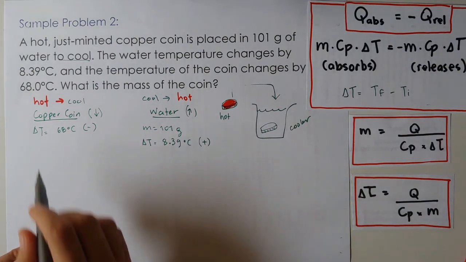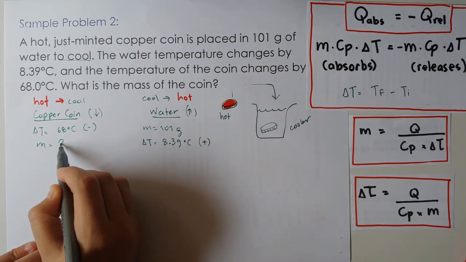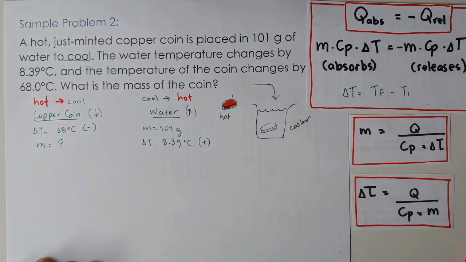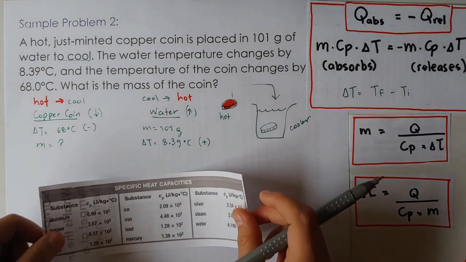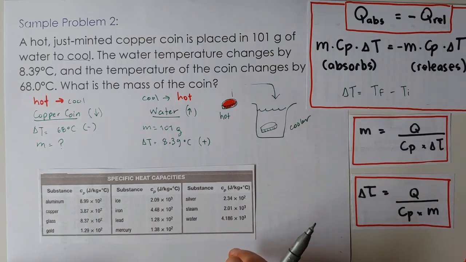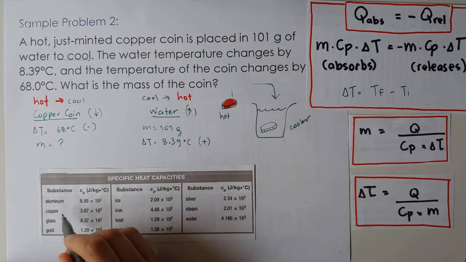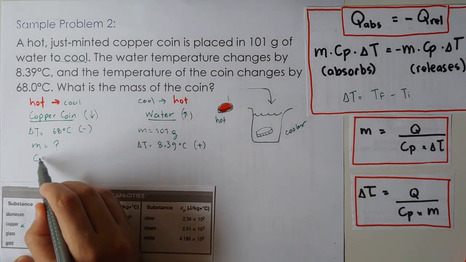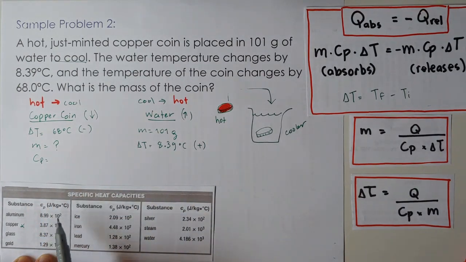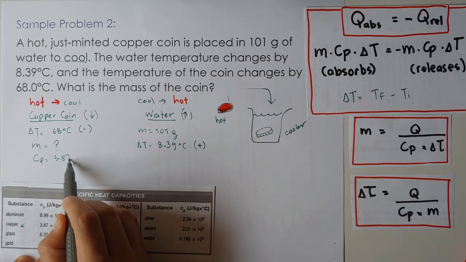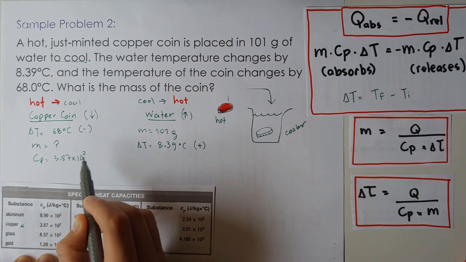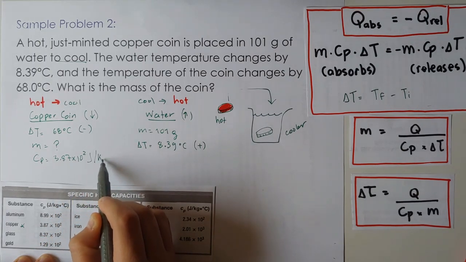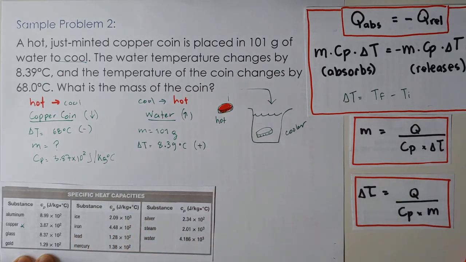Now they are asking me the mass of the copper coin. What else do I know that is implicit, that is not given in the word problem? I know the specific heat capacities. As the coin is made of copper, the specific heat capacity Cp is 3.87 times 10 to the second power joules over kilogram Celsius.